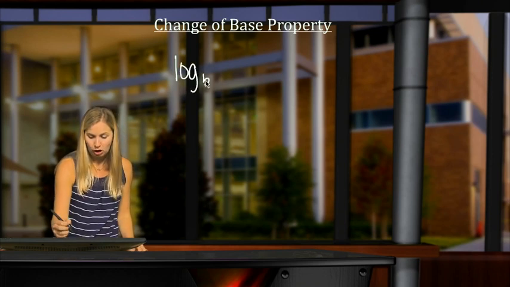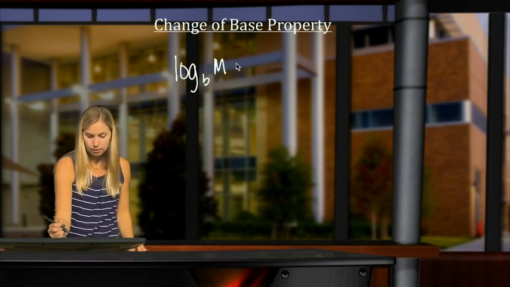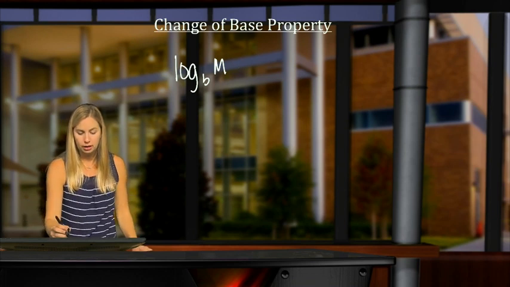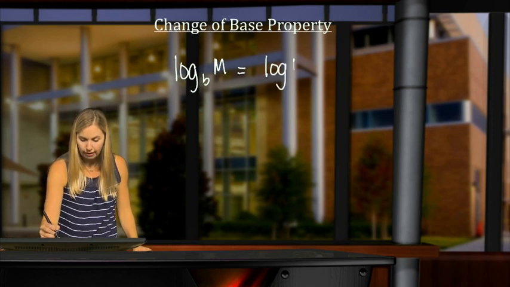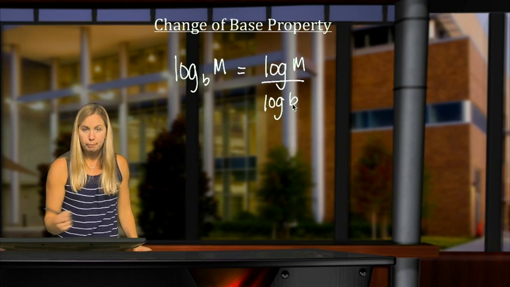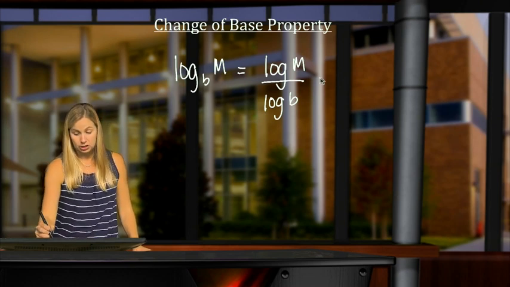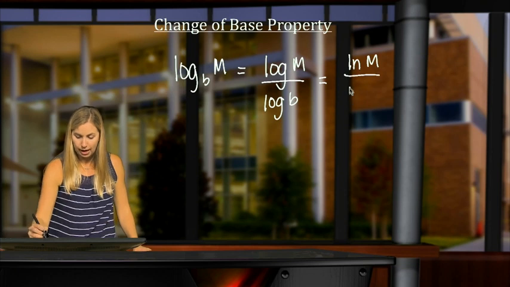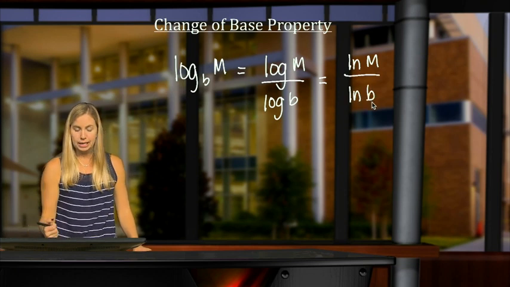If I've got log base b of m, so any base, any argument, this can be written as log of m divided by log of b. This is also equal to the natural log of m divided by the natural log of b.